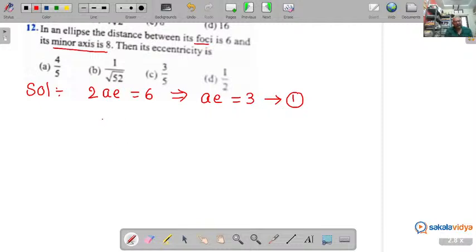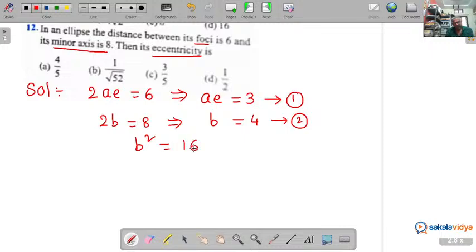Minor axis means 2b, so 2b equals 8. So b equals 4, say equation 2. Then the eccentricity we need to find out. Square the second equation so that we get b squared equals 16.